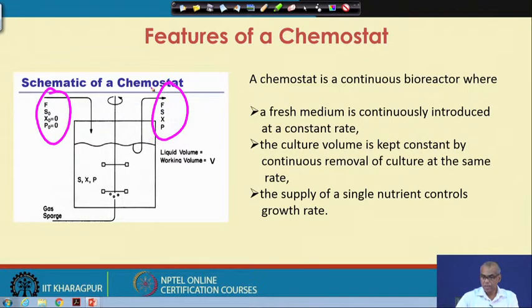The supply of a single nutrient controls the growth rate. So, the supply of a single nutrient, which we call the limiting nutrient, controls the growth rate.